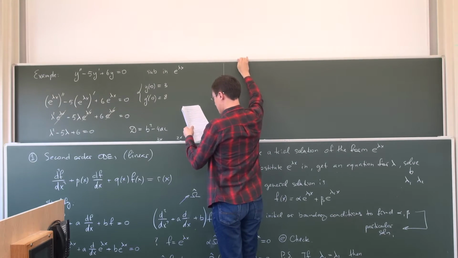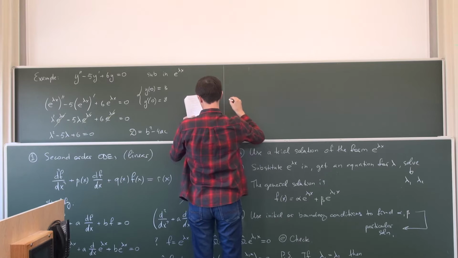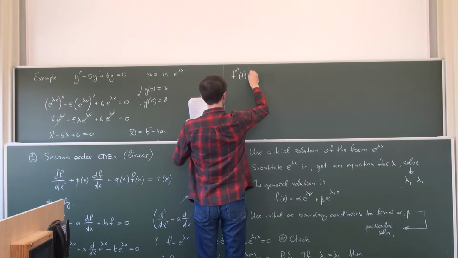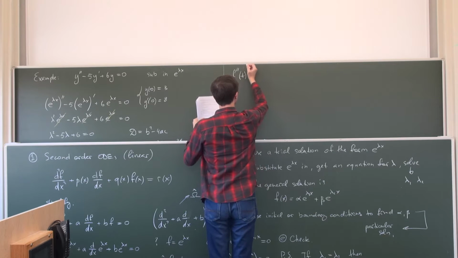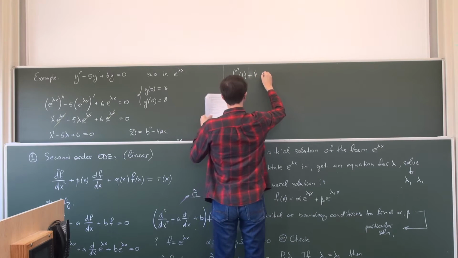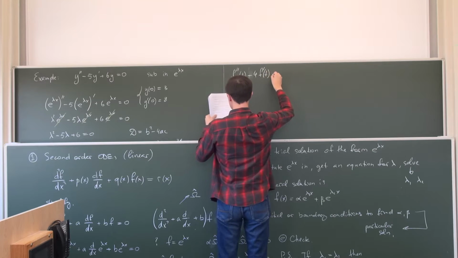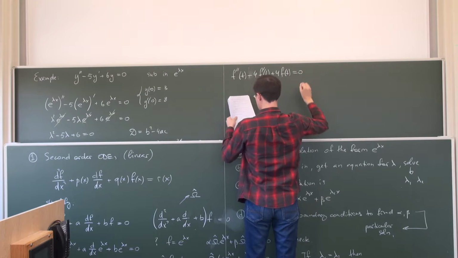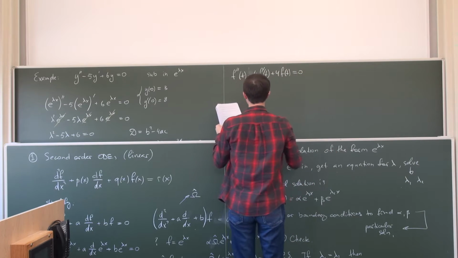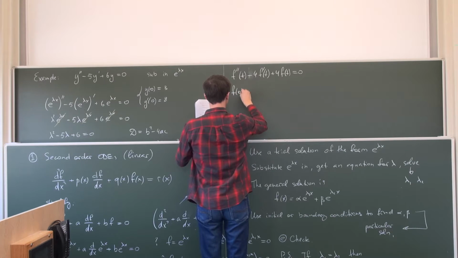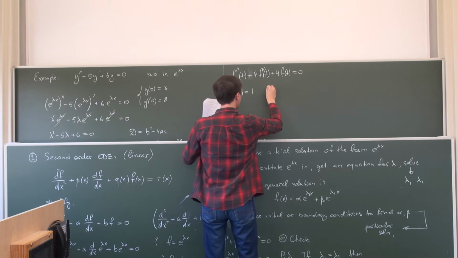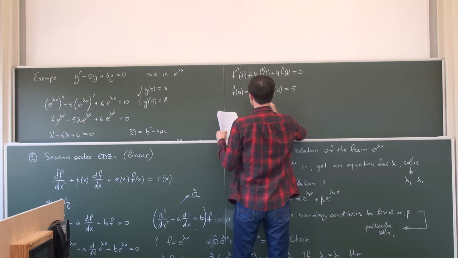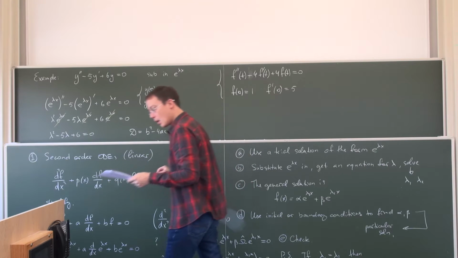For example, from your handout, and this is as a function of time, f double prime of t minus 4 f prime of t plus 4 f of t is 0. And we are given additional information that f of 0 was 1 and f prime of 0 equals 5. And that's what we have.